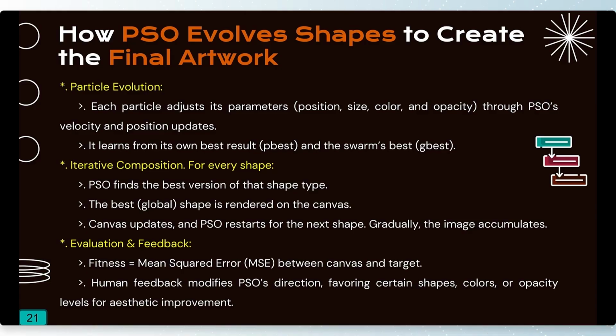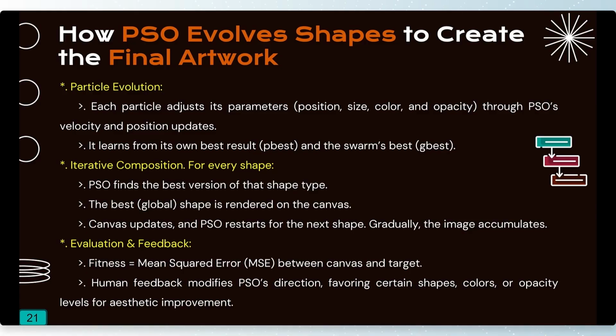So in PSO, in the particle evaluation, each particle adjusts its parameters, position, size, color, and opacity, according to PSO's velocity and position updates. It learns from its own best results, which is p-best, and the swarm best results, which is g-best. So then we have iterative compositions for every shape. PSO finds the best version of that shape type. Also, the best, which is the global shape, is rendered on the canvas.